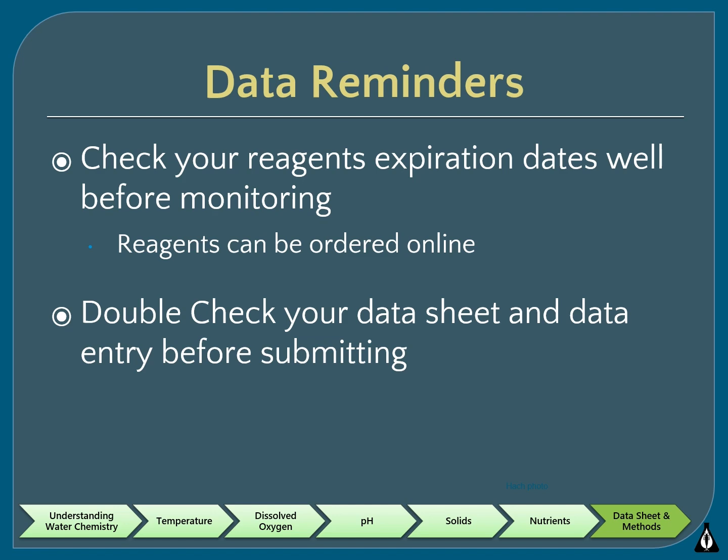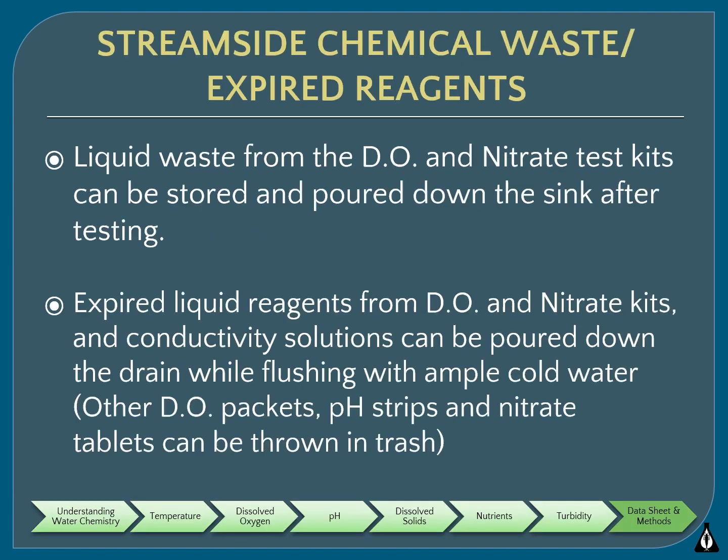After you use the dissolved oxygen and nitrate test kits in the field, you're going to have waste from them. This waste can be stored or containerized and then poured down the sink after you are home. And then after a while, some of your liquid reagents as well as powdered reagents are going to become expired from the DO kits, nitrate kits, pH, and conductivity solutions.